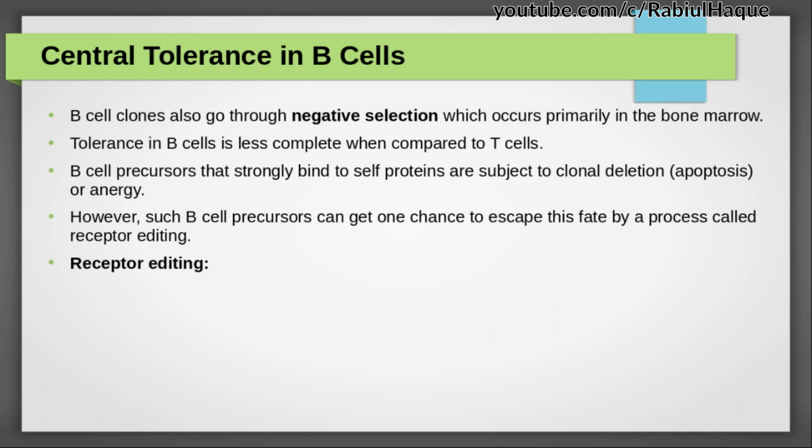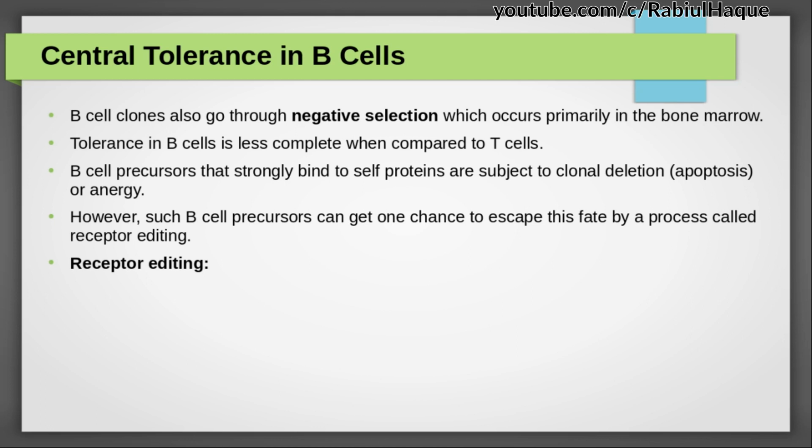So, what do we mean by receptor editing? And you may ask me, Dr. Rabiul, which receptors are we talking about? We are talking about B cell receptors, and recall that B cell receptors are in fact immunoglobulin. Recall from my two lectures on antibodies in the immunology lecture series, immunoglobulins are made up of four chains.